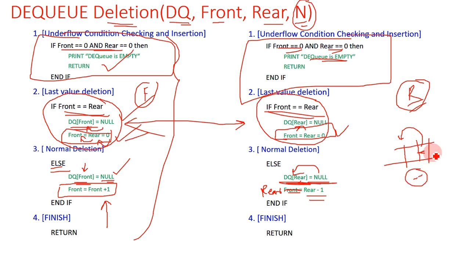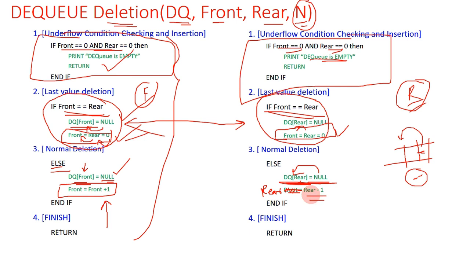Okay, in insertion you have to increment the rear by 1. In deletion from the rear side, you have to decrement the rear by 1. So this is not front again. Okay, rear will be equal to rear minus 1. So these were the insertion and deletion operations of the DQ.